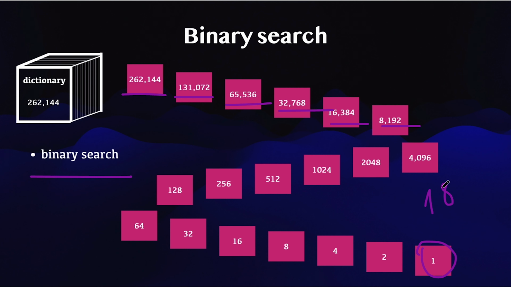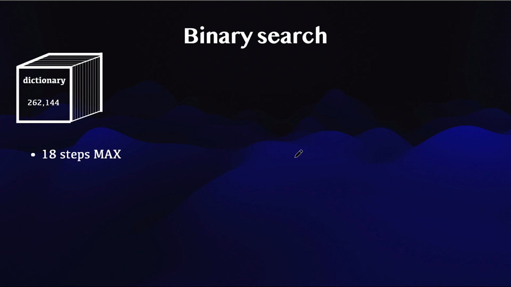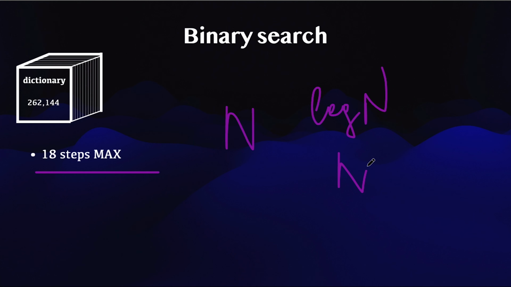Only 18. So binary search will take only 18 steps maximum, and that is a very big difference. And in general, for any list of n, binary search will take us log n to run in the worst case, whereas simple search will take us n steps.